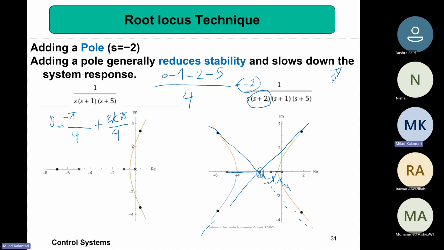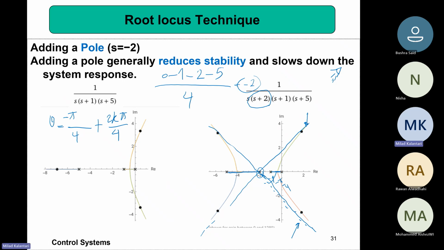Actually, this asymptote and the way it goes already gives you, when the k is going to infinity, where the pole is supposed to go, right? It shows that there are two asymptotes like this and this, which means that some of the poles have to go to the right hand side of the S-plane, right?